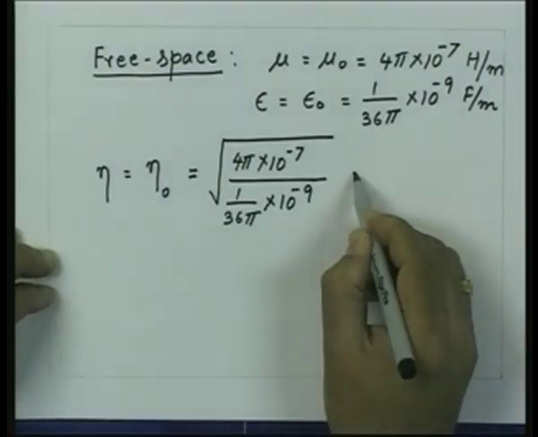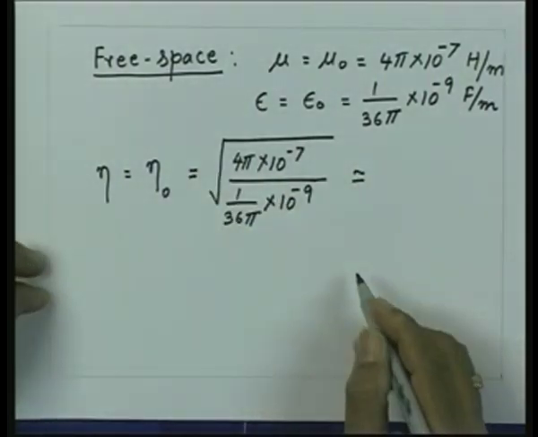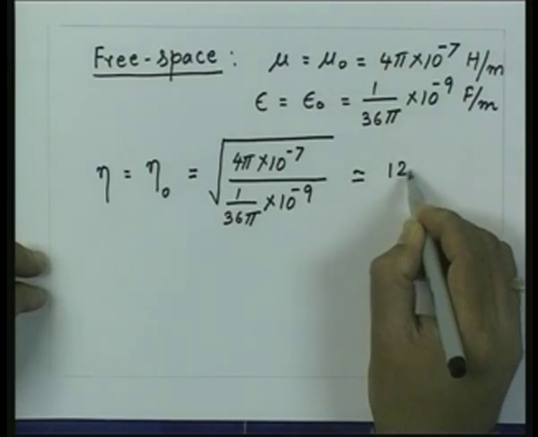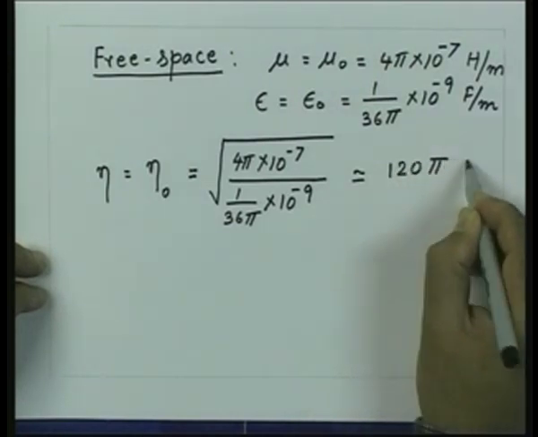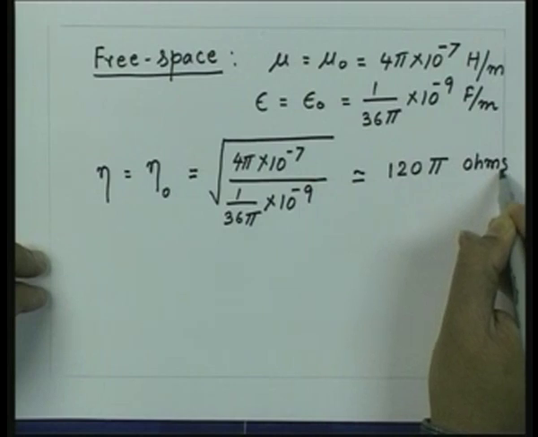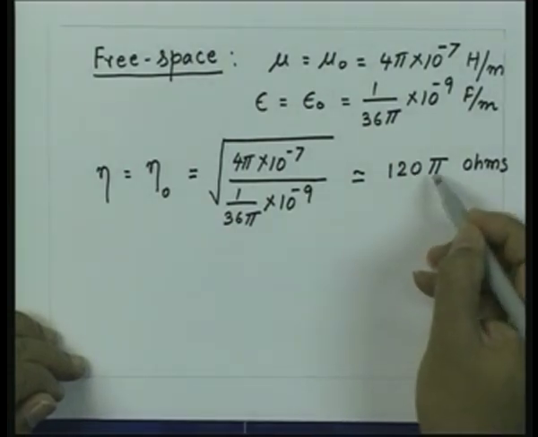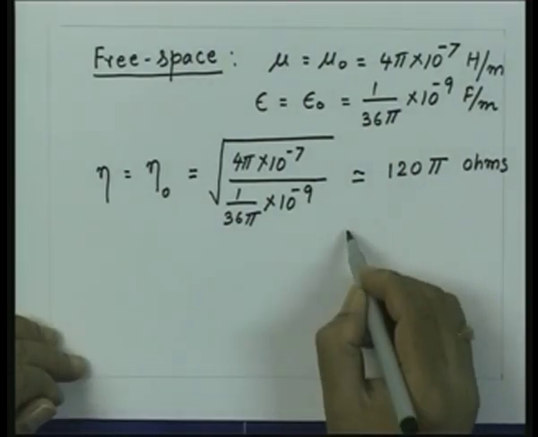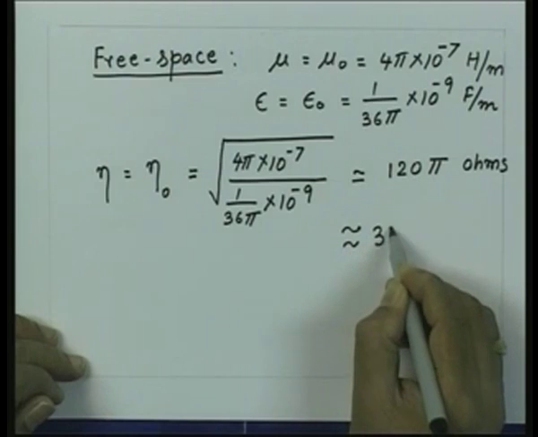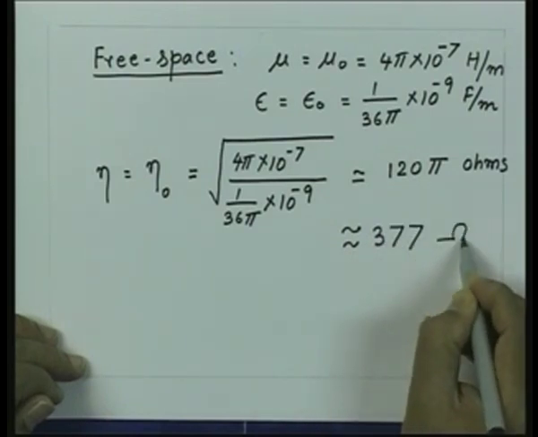So, that is equal to 120 pi ohms. If I take the value of pi 3.14, this quantity is approximately 377 ohms.